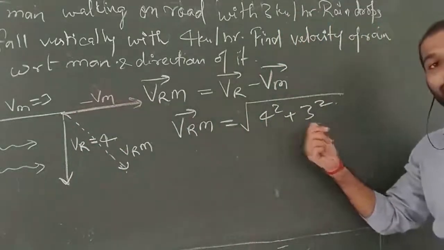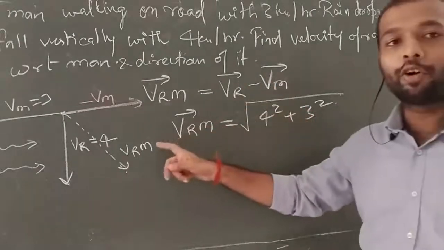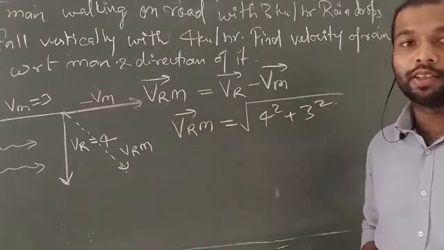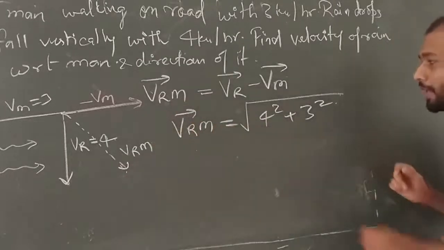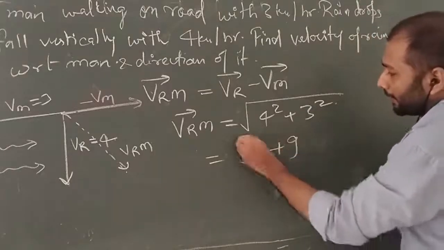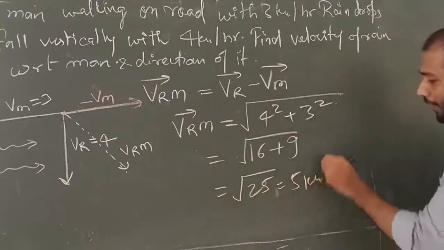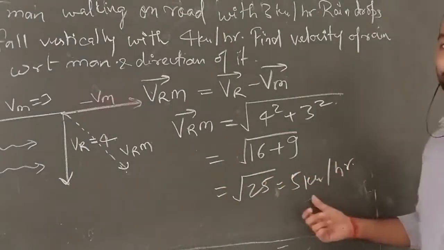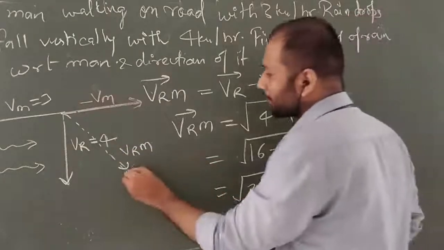Here I am again not using the minus sign because the minus sign is automatically adjusted in the cos theta. But here the angle is just 90 degrees, so you do not need the cos theta. So this will be the square root of 16 plus 9, that is the square root of 25, which comes to 5 km per hour. So this 5 km per hour is the relative velocity of the rain.